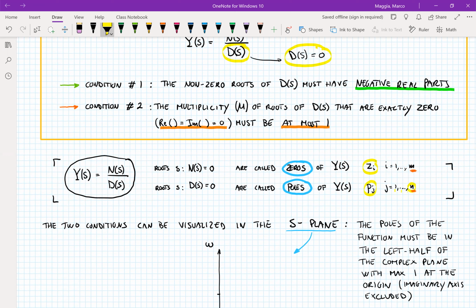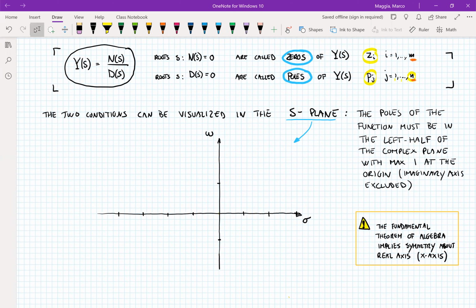Conveniently, we can also visualize the two conditions for the validity of the final value theorem using the S plane. Since s is a complex frequency, that is a complex number, it has a real part and an imaginary part, so we need to use a plane to visualize complex numbers.